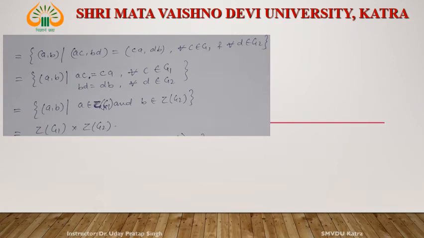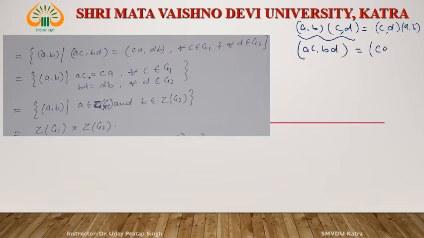Then by the operation, (a, b)(c, d) is equal to (c, d)(a, b). Then what is this? This is (ac, bd), and this is (ca, db). Then ac and ca are equal, and bd and db are equal.